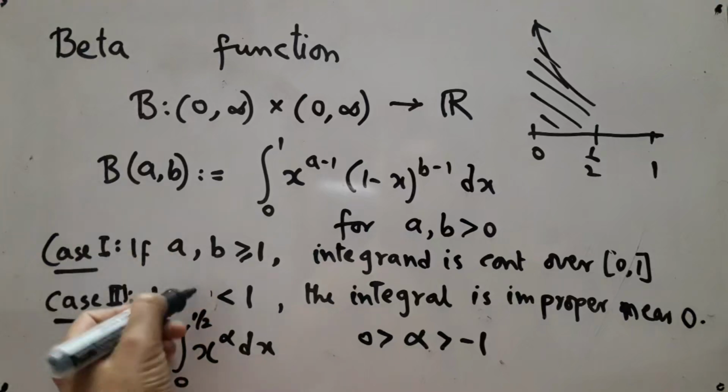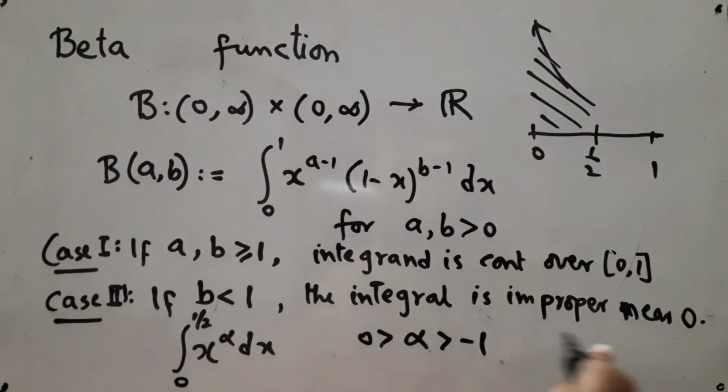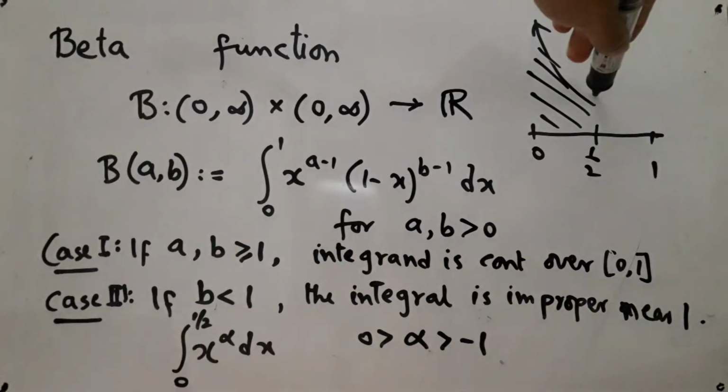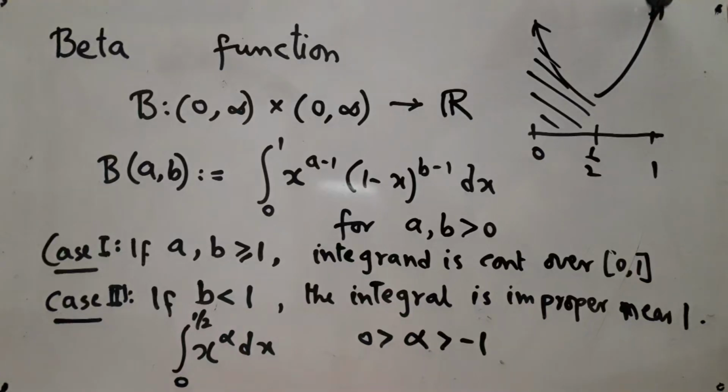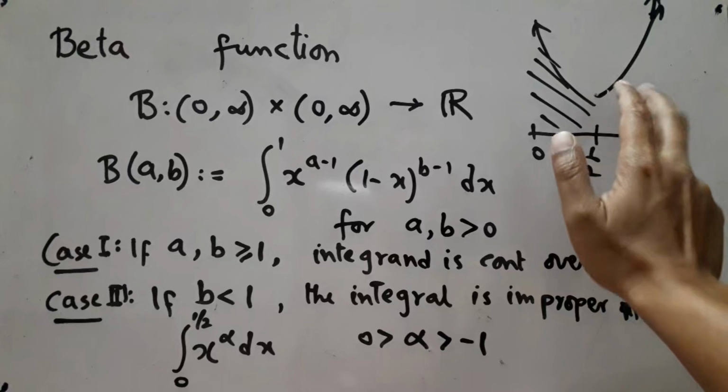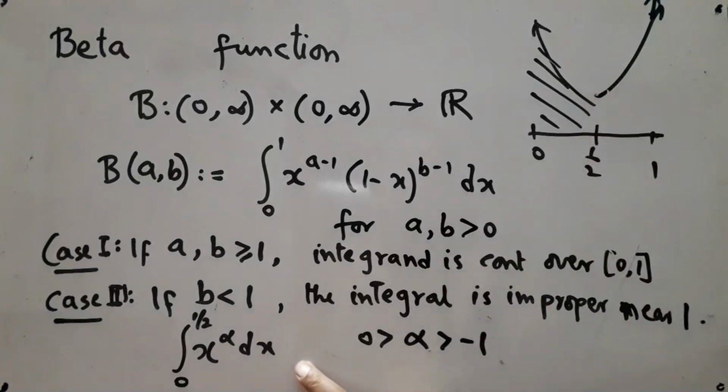If b is strictly less than 1, then the integral is improper near 1. The same story holds here also. In this case, the graph will look like this. It will be unbounded near 1. But whatever you can say about this, just reflect it like this. In that case, the same idea will work here also.